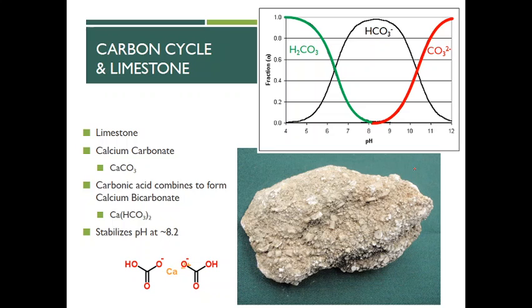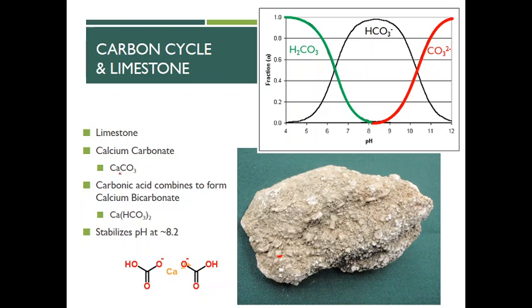So what we see is that you can change what species of carbon is available based on the bedrock, what is essentially dissolved in the water. If you look at limestone, it is calcium carbonate, and these are all tiny little corals and tiny little organisms that had calcium carbonate shells.